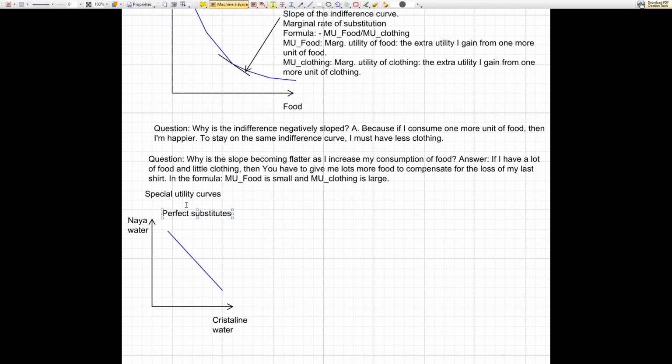So in that case, even if I have almost all crystalline water, if you start wanting to trade crystalline bottles for the same amount of Naya water, so I'm going to trade one-to-one, for instance, whatever the quantity of one or the other, I don't get tired of one compared to the other, it's the same thing.